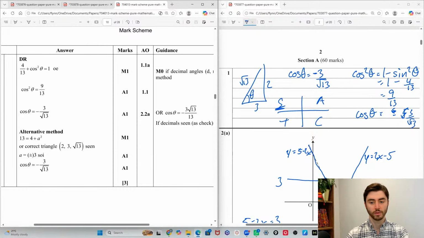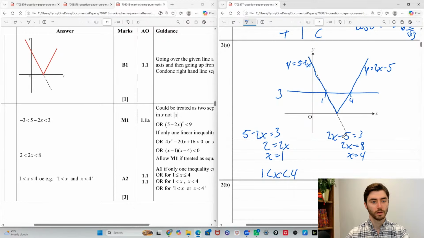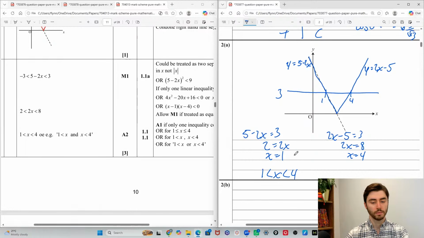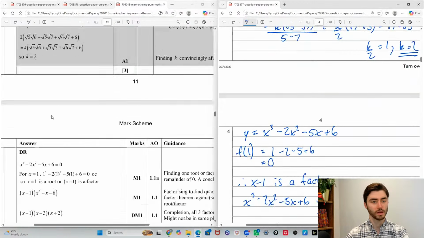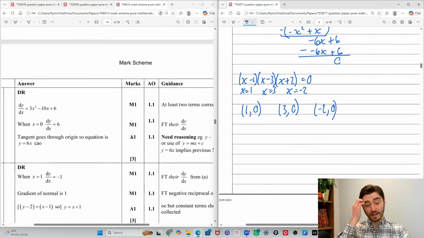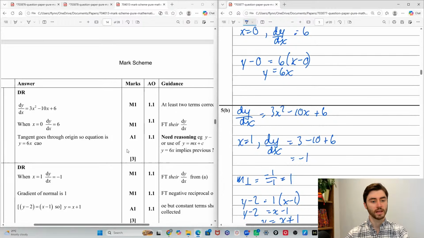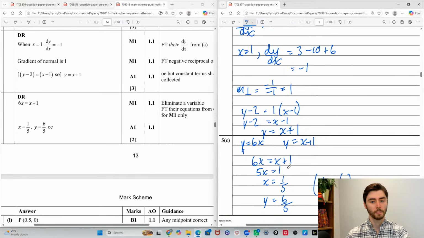-3 over root 13. Yep. Yep. Between, yep. Okay. K equals 2. I agree. Full coordinates given, exactly as the question asked. Y equals 6x. Y equals x plus 1. Yep.